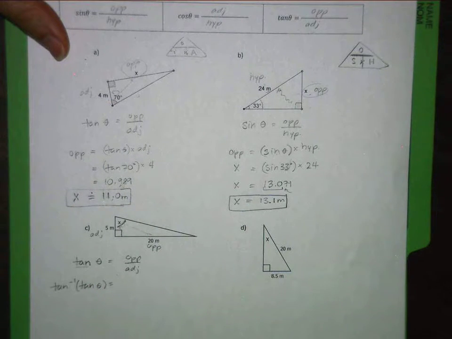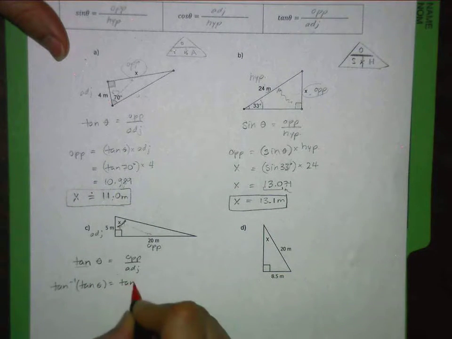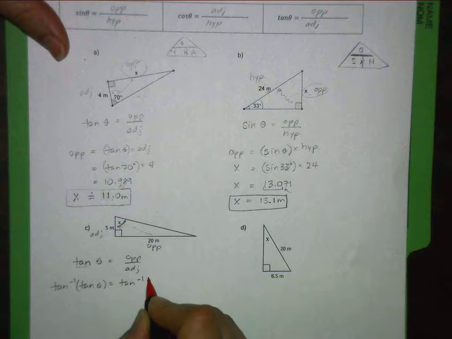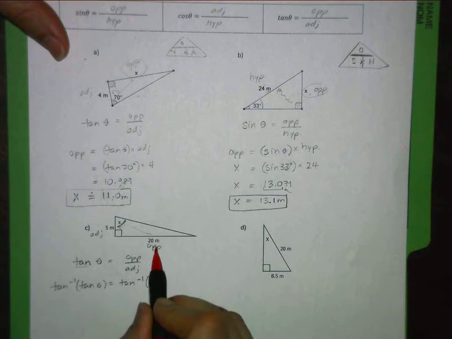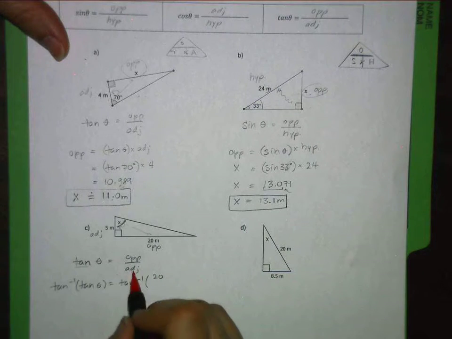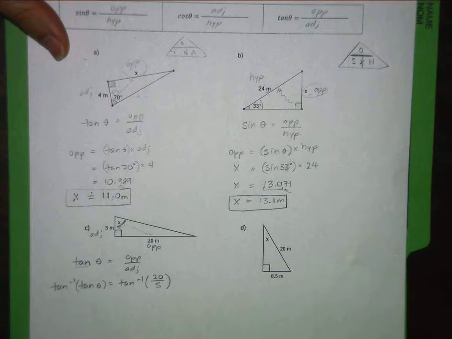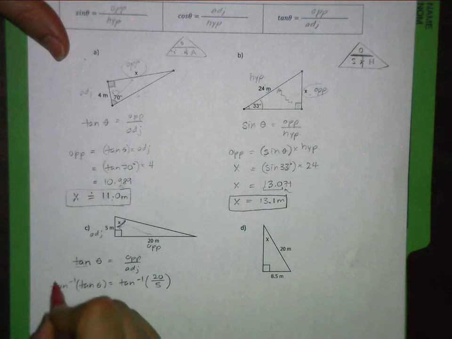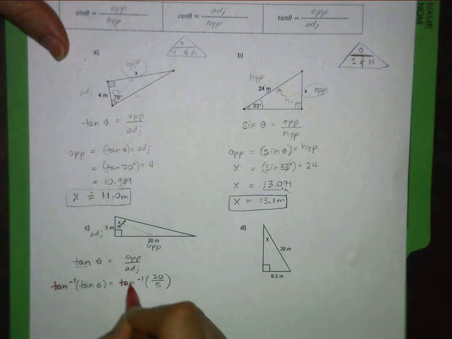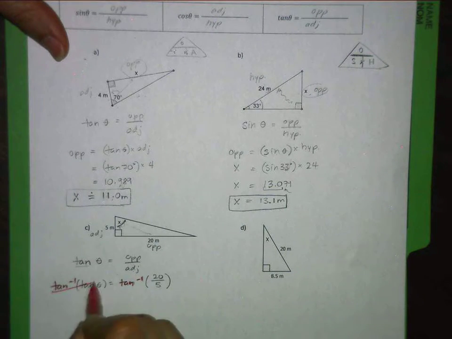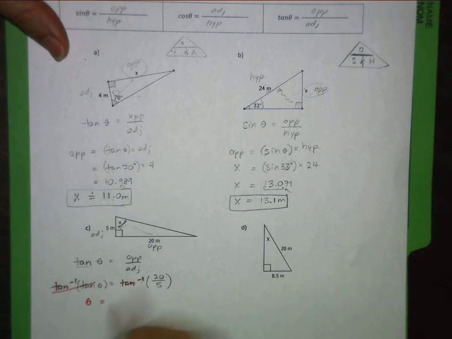Whatever I do on one side, I have to do on the other side. So can I sub in opposite is 20, adjacent is 5. I'm just going to show you that I'm taking the tan inverse on both sides. Doing the same thing on both sides. So that gets rid of that, and I'm just left with theta on that side.